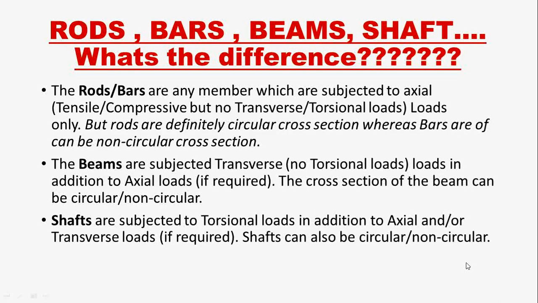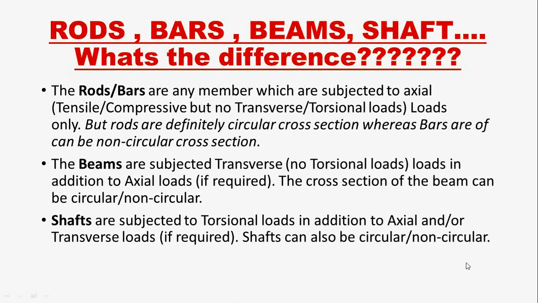Henceforth, in various problems, when you go to actual practical conditions, you will come across these terms many times. So what is the basic difference between rod, bar, beam, and shaft? In a physical element, everything seems to be the same picture. So what really is the difference between these four?